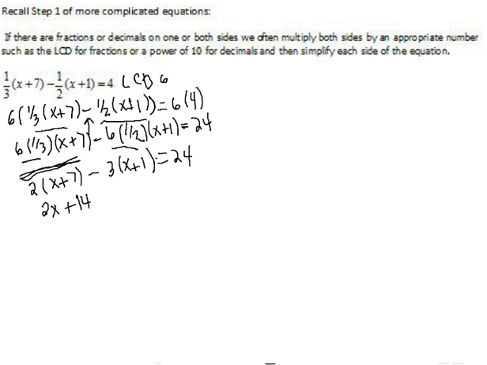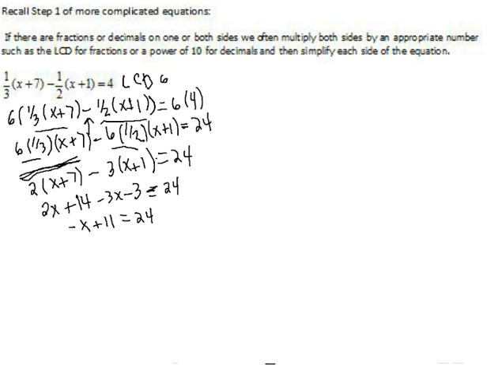And notice we have to be kind of careful here. This is a minus 3 we're distributing. It's like plus a negative 3. So we're distributing a negative 3. We'll get negative 3x minus 3 is equal to 24. And so now combining like terms on the left side, what do we get? We get minus x plus 11 equals 24.